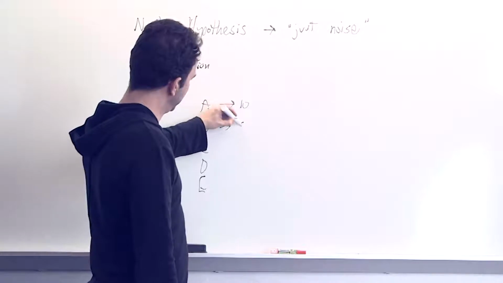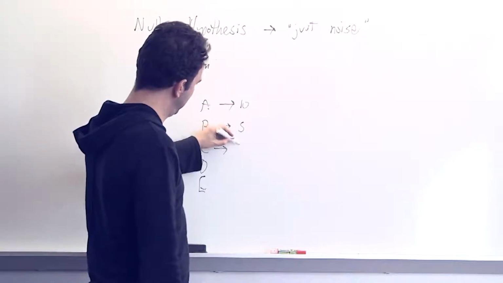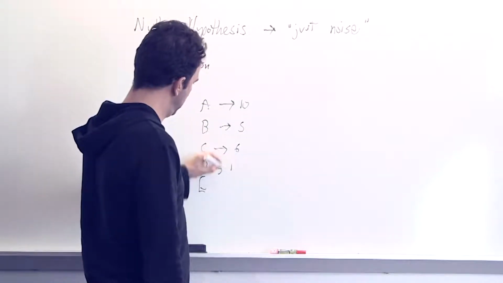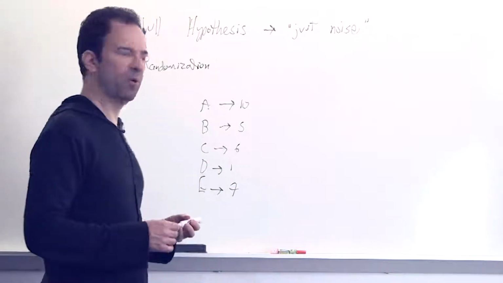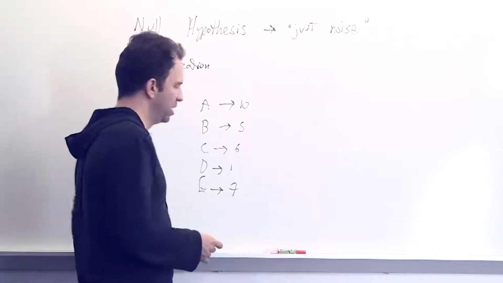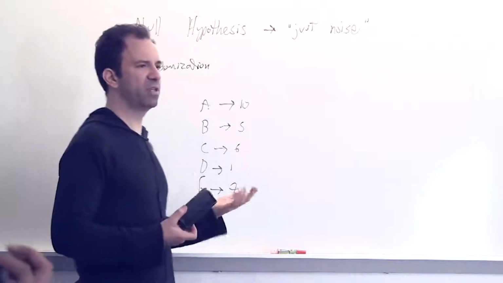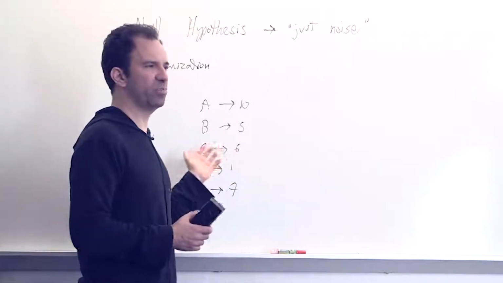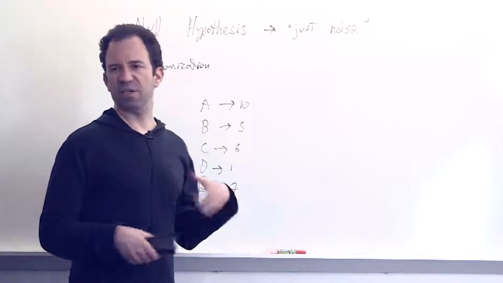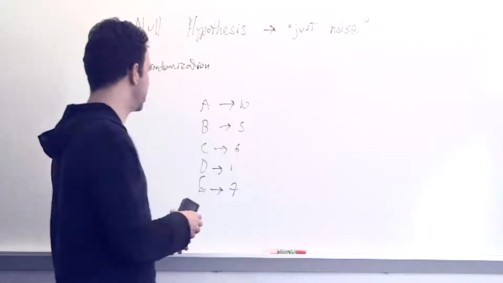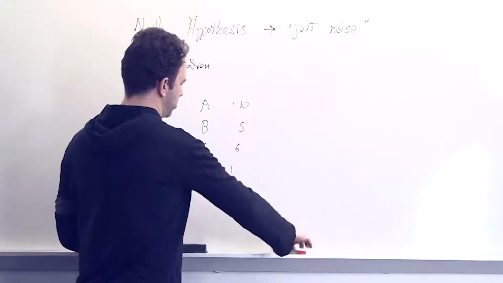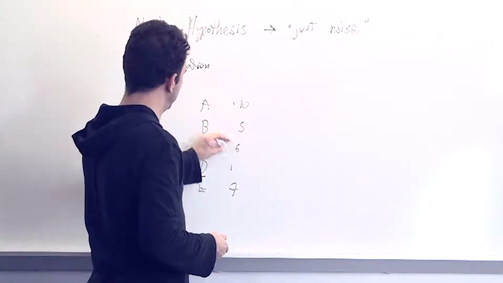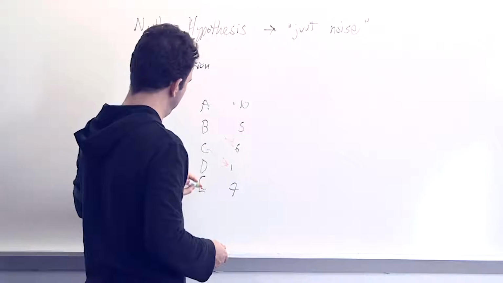And each of these counties has a certain cancer rate. And then the null hypothesis is that there's actually no association between where the county is, or which county it is, and what the cancer rate is. So we permute this distribution, right? We say, let's just scramble them a little bit.